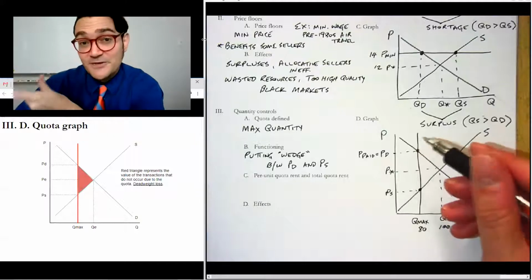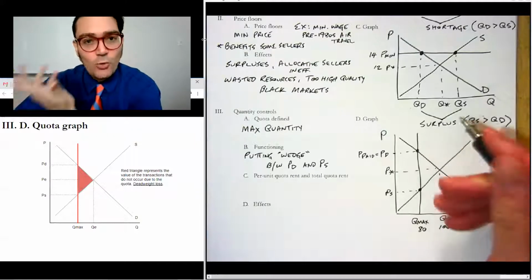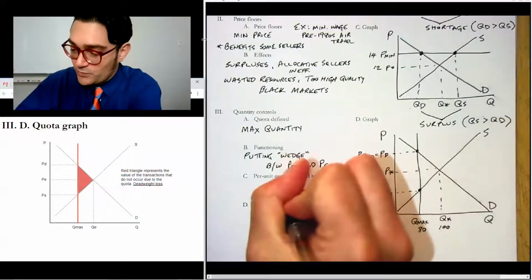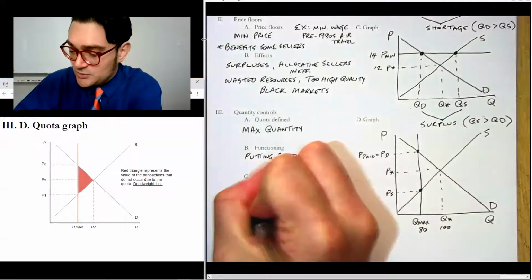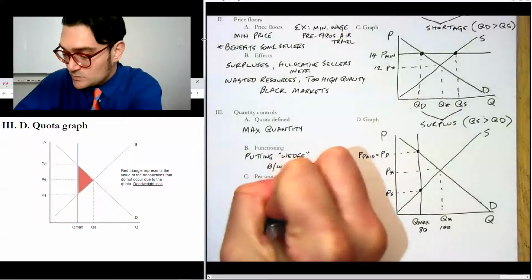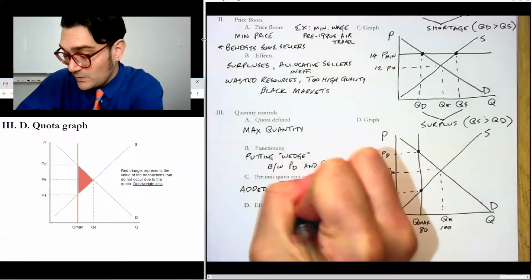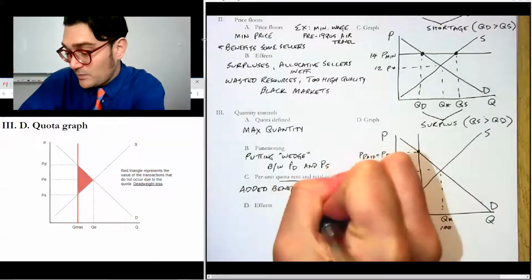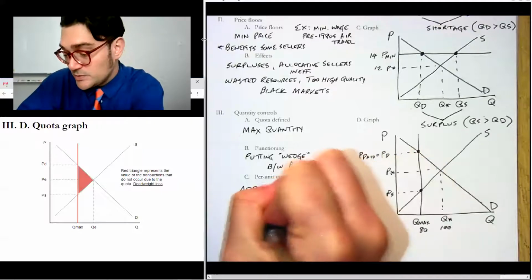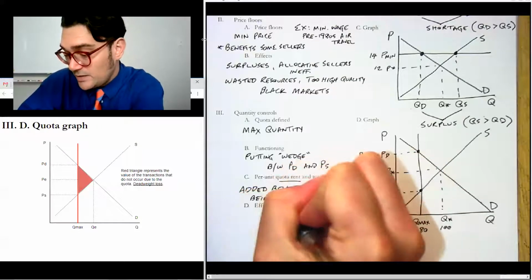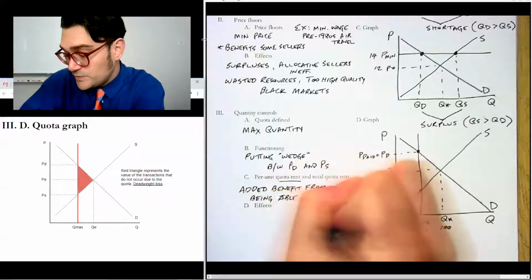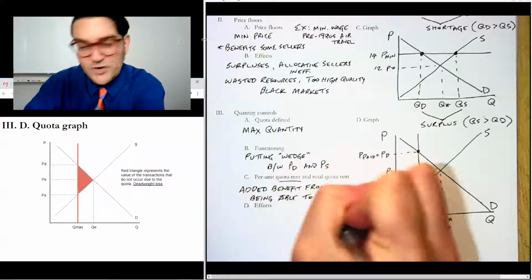And that added benefit of what they get is what we call quota rent. So quota rent is the extra, the added benefit from being able to sell under the terms of the quota.